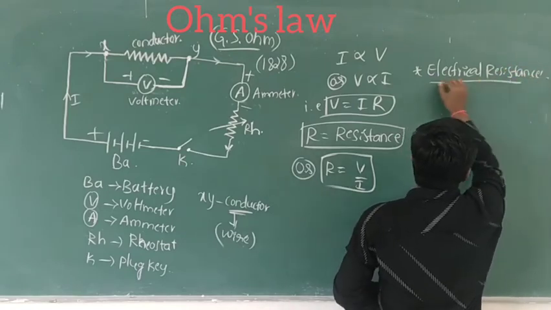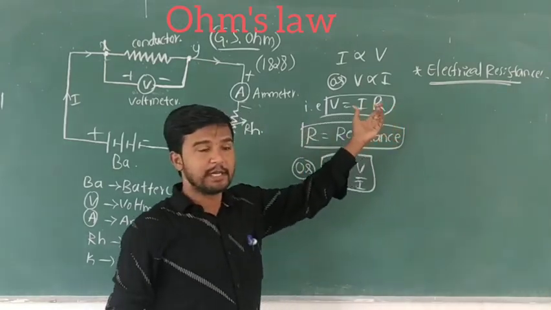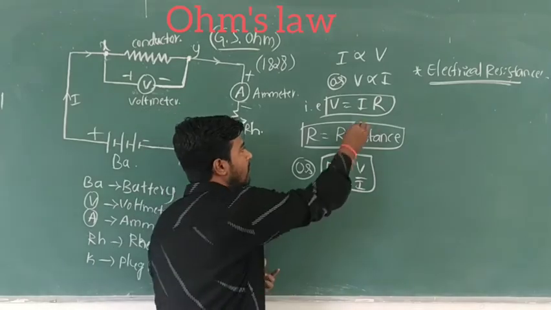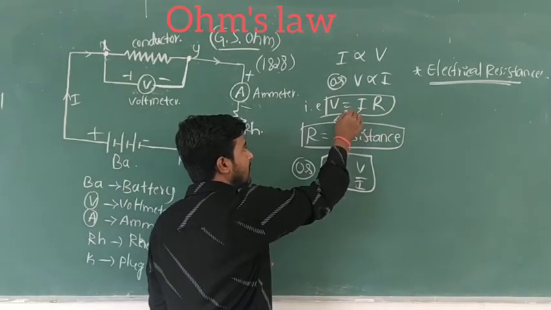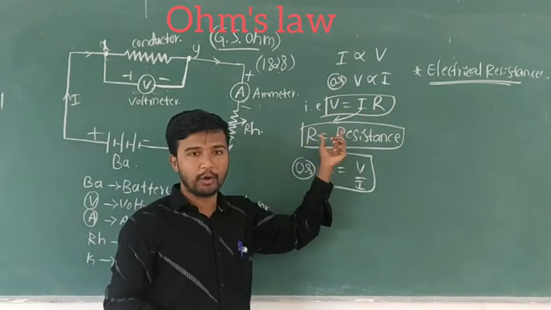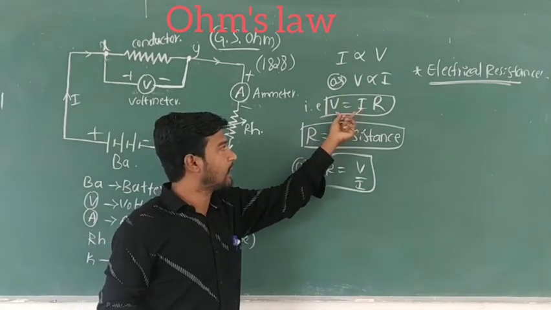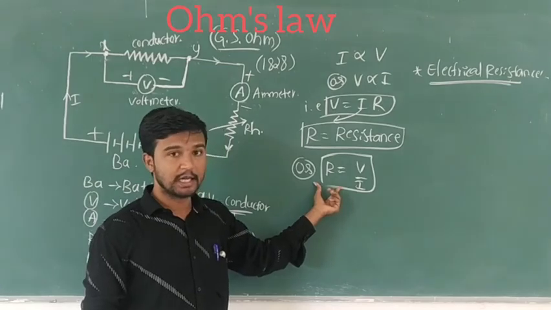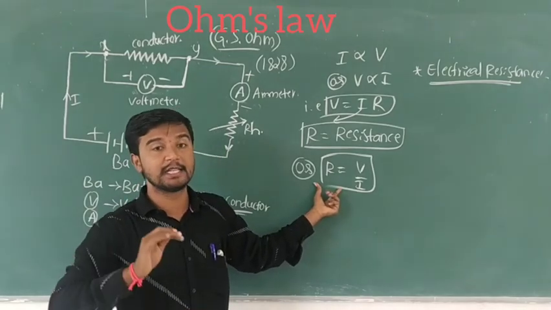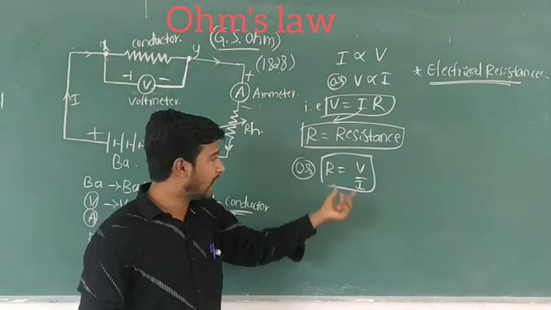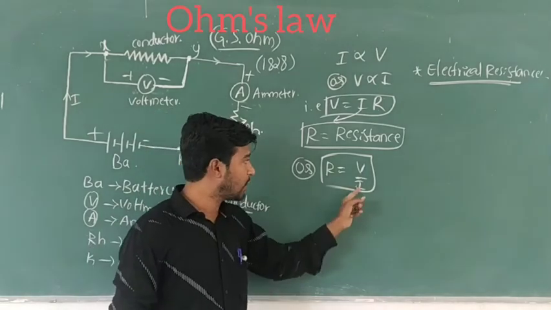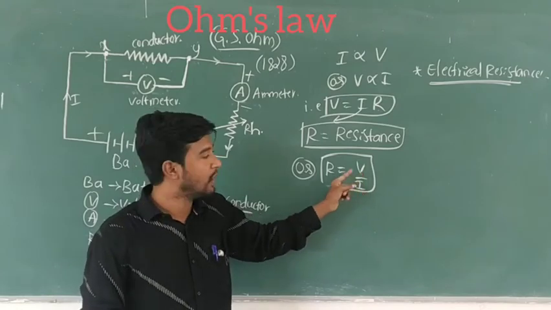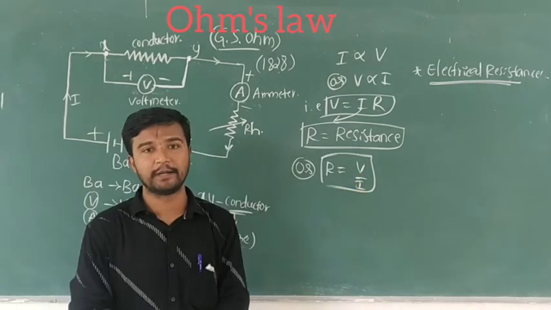Resistance means R equal to V by I. Here I comes to the denominator, so I equal to V divided by R. The resistance of a given conductor is defined as the ratio of the potential difference across the ends of the conductor to the current through it.